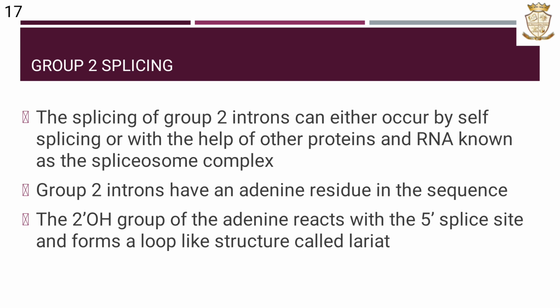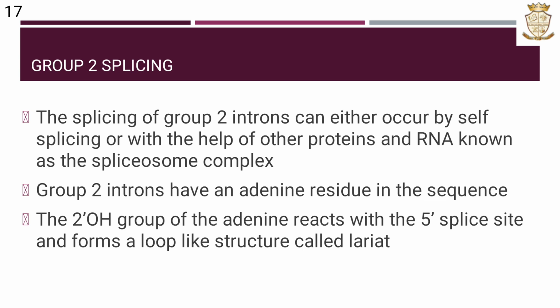Next, we can discuss group 2 splicing. The splicing of group 2 introns can occur either by self-splicing or with the help of other proteins and RNA known as the spliceosome complex. Group 2 introns have an adenine residue in the sequence.